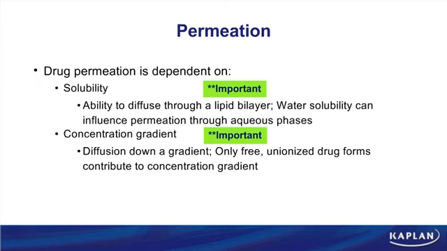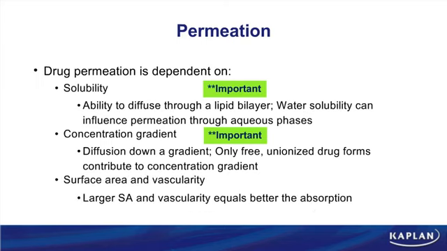But other factors can contribute, things like surface area and vascularity. If you take surface area, for example, imagine taking a drug orally and compare the absorption of that drug from the stomach versus the small intestine. Based solely on surface area, the small intestine, of course, has a much larger surface area. So the small intestine is where drugs are more likely to be absorbed compared to the stomach.